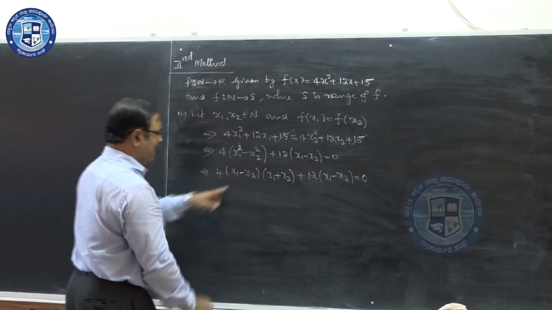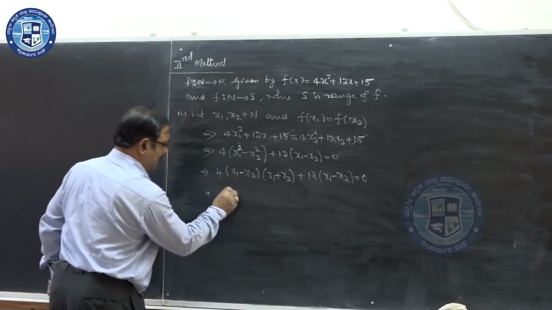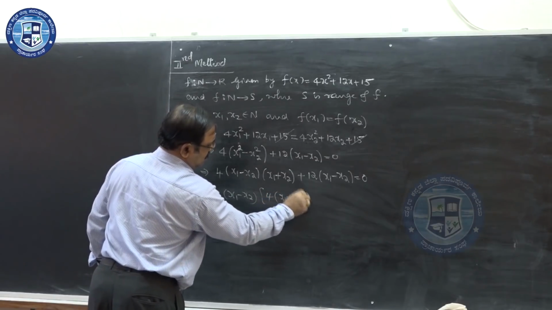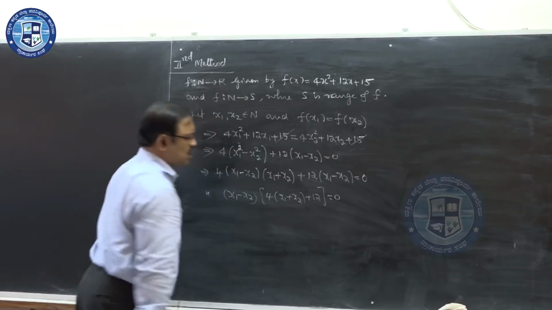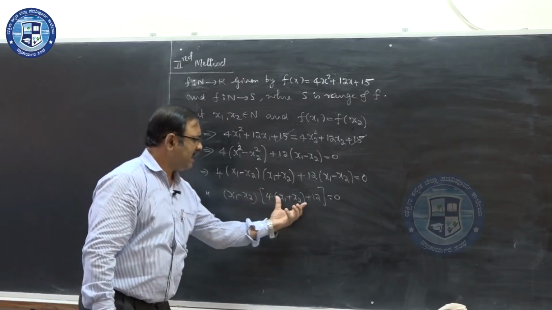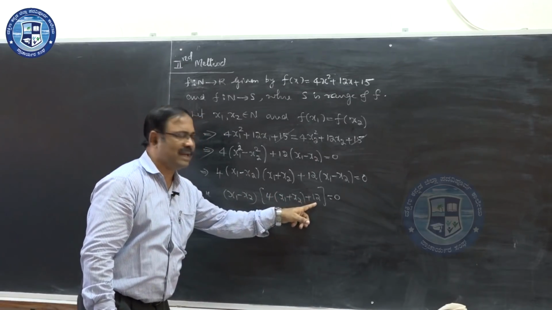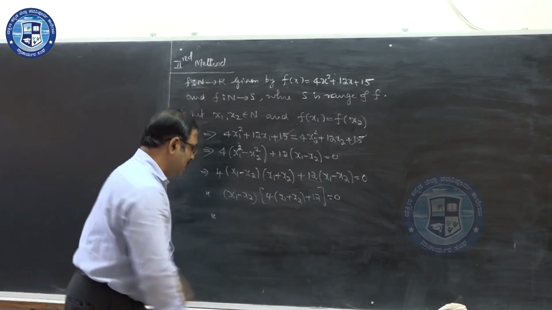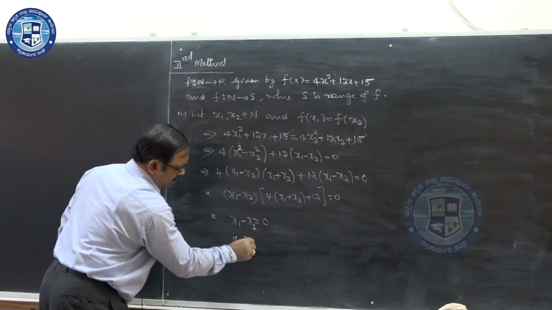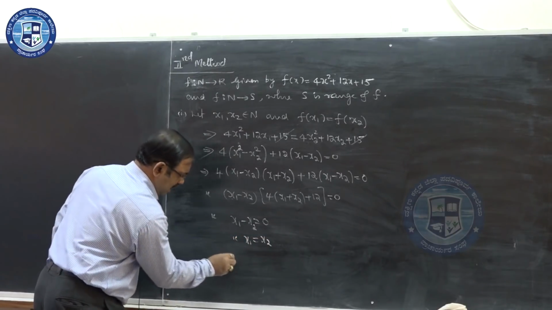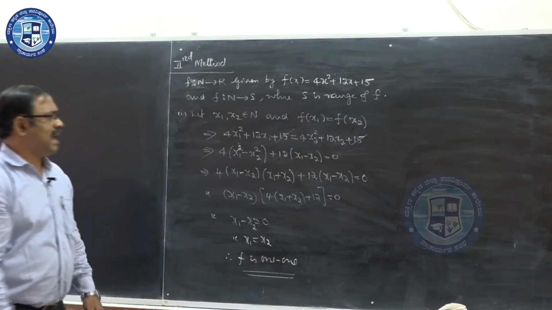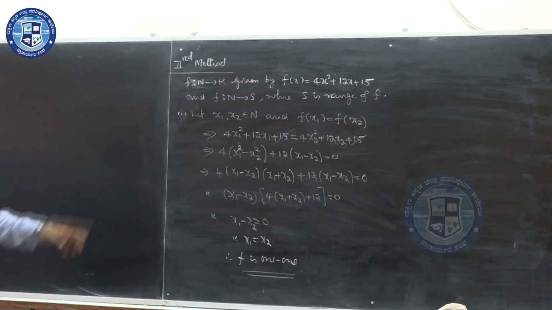Now, we collect x1 minus x2, that is common: x1 minus x2 into 4 times x1 plus x2 plus 12 equal to 0. Here the second factor cannot be 0 because plus 12 is there. Therefore, this factor is non-zero, so x1 minus x2 is 0, that is x1 equals x2. Therefore, f is one to one. I have verified the function for one to one.